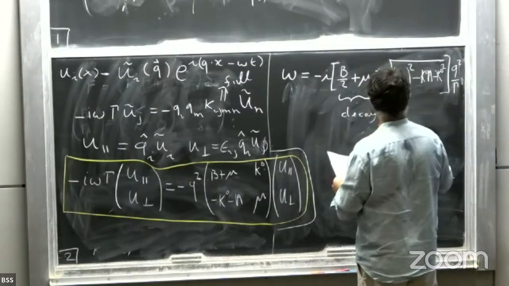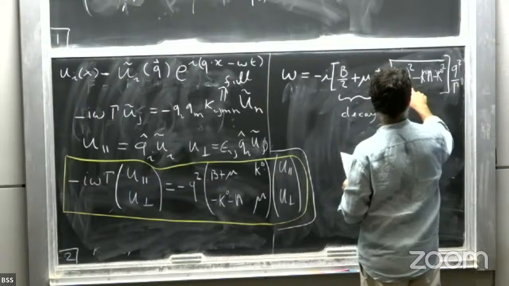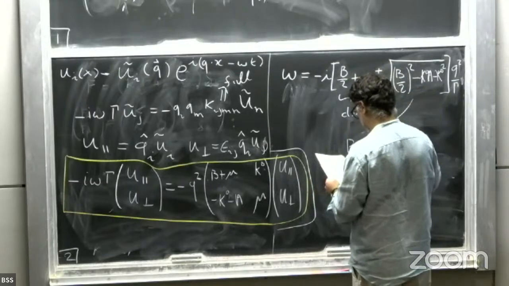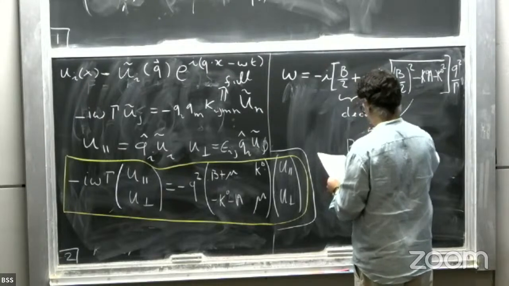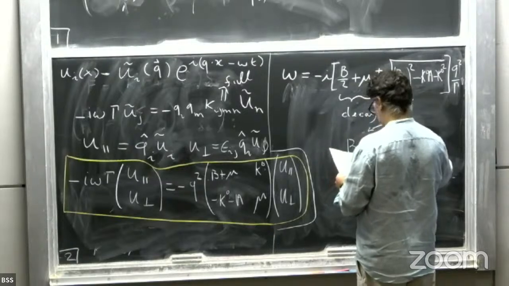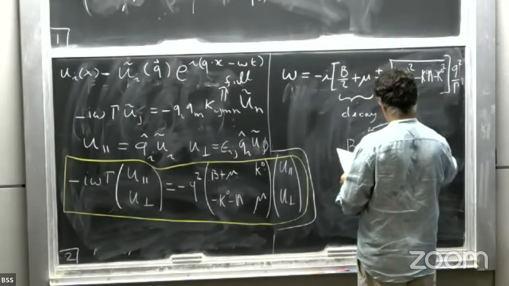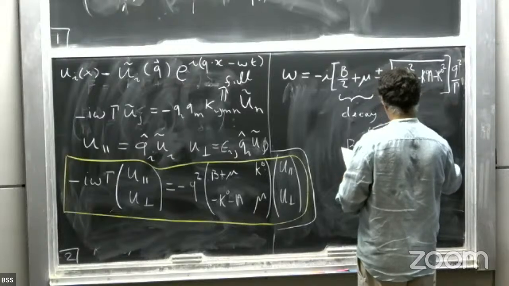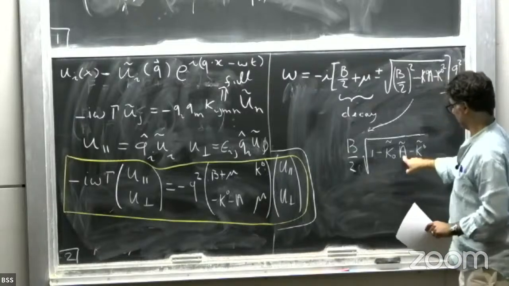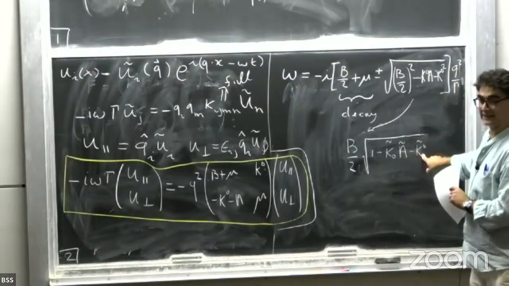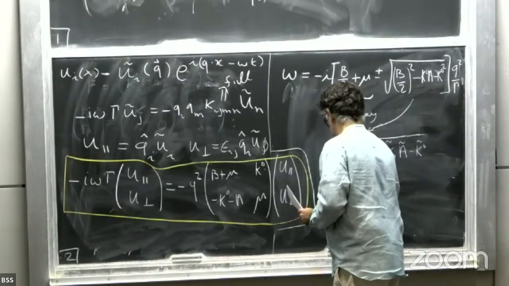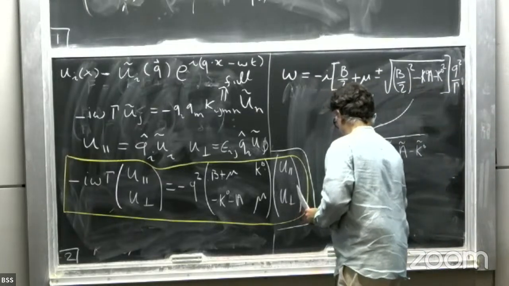So let's write it down though. What I propose to do is you take the beta out and you write this object here, beta b over 2 times the square root of 1 minus k naught tilde a tilde minus k naught tilde. And you define k naught tilde and a tilde as the ratio of a and k naught divided by b. It's just convenient. So a tilde is normal a divided by bulk modulus.